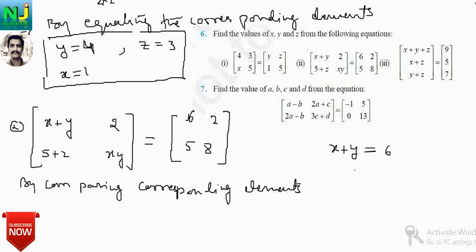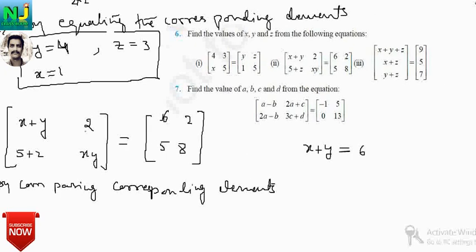Then 2 is equal to 2, clear? Next, here we have 5 plus z, and on the other side there is 5. So call x plus y equals 6 equation number 1, and another equation is 5 plus z equals 5.